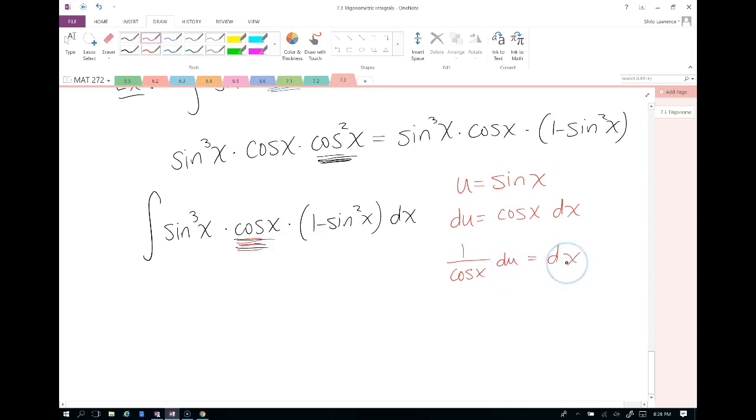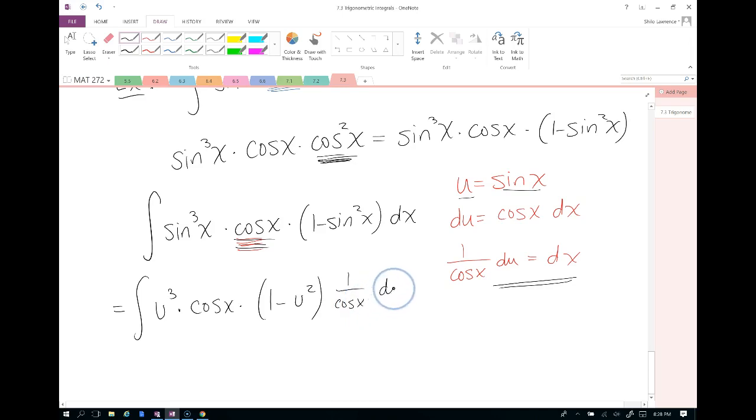And we can rewrite this integral in terms of u. So everywhere I had a sine, I'm going to replace it with u. So I've got u cubed times cosine x times 1 minus u squared. And then instead of dx, I'm going to put 1 over cosine x du. And the whole point for that was for my cosines to cancel.